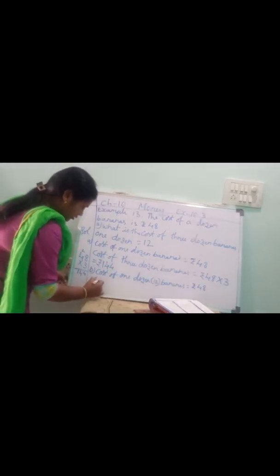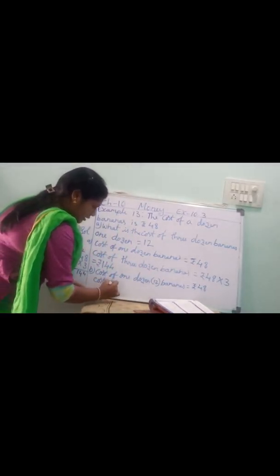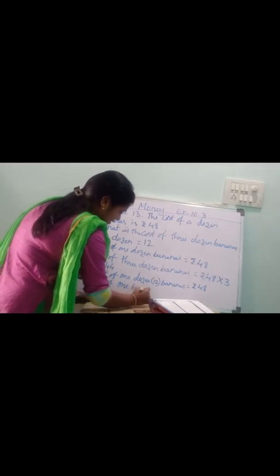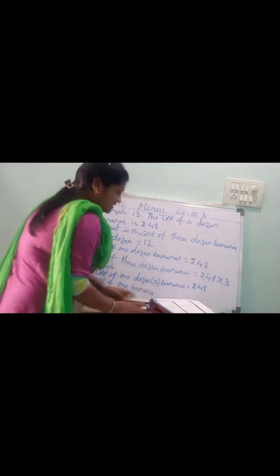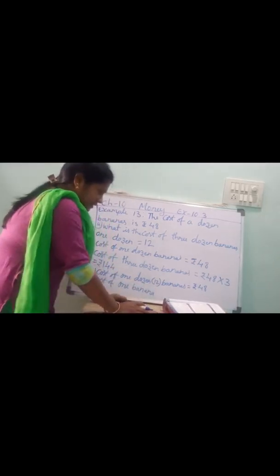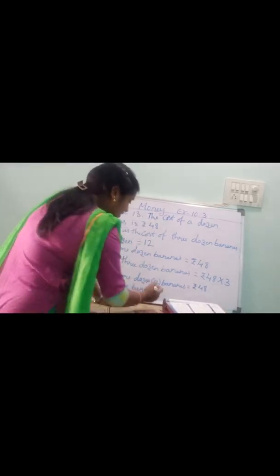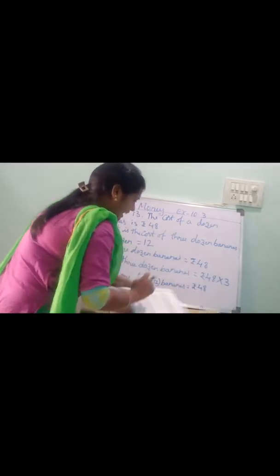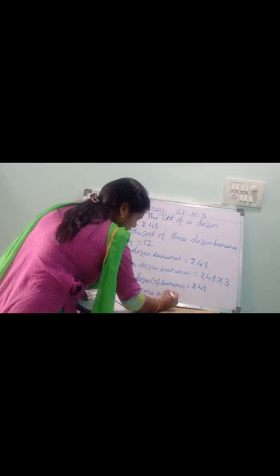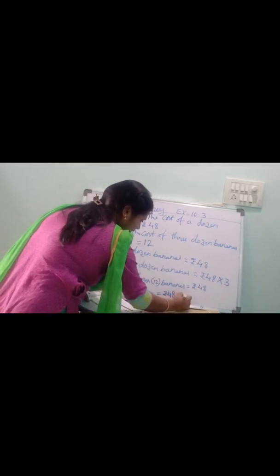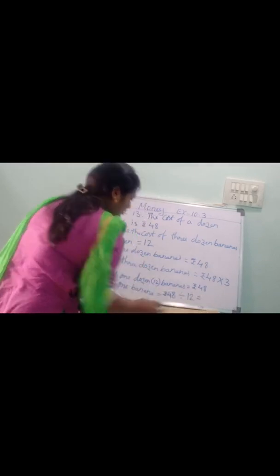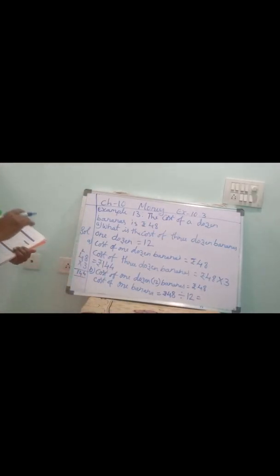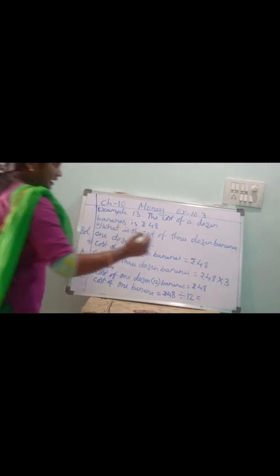Now the cost of 1 banana you should find. See, 1 dozen means how many? 12. So you should find now the cost of 1 banana. That's why what you have to do? 48 rupees, 48 divided by 12 you should find.